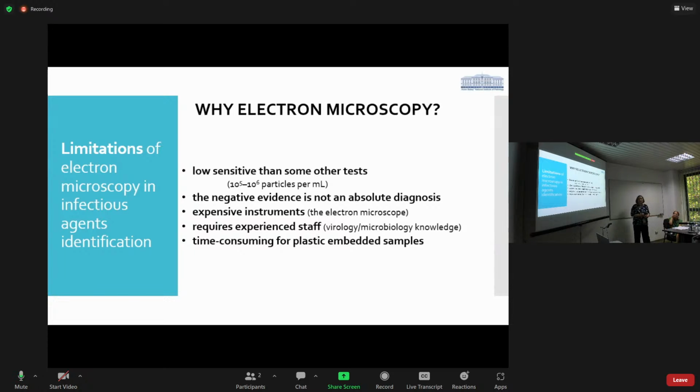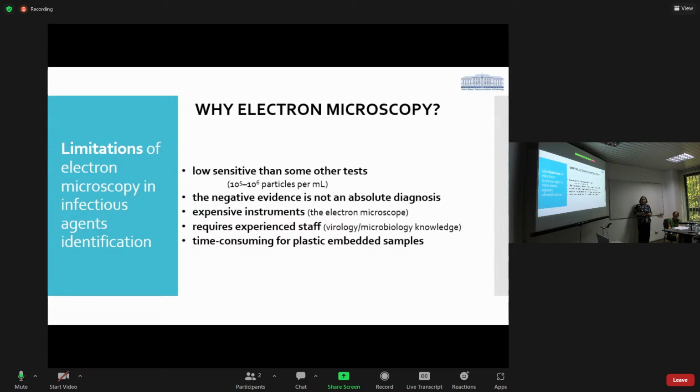We need a quite large quantity of pathogen in the sample, but usually when it's an infectious disease with an unknown pathogen, the lesion will be quite dramatic, and a lot of particles will be available in the biological sample. If it's not present, this is not equal to the absence of the pathogen.